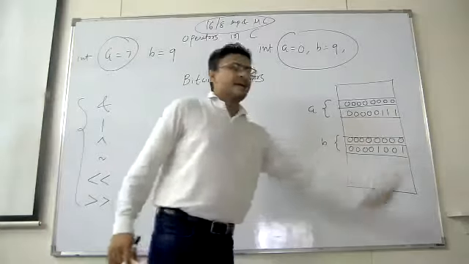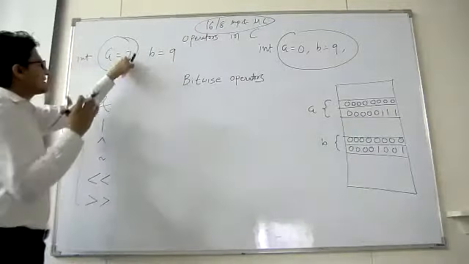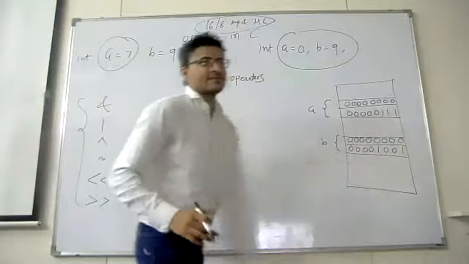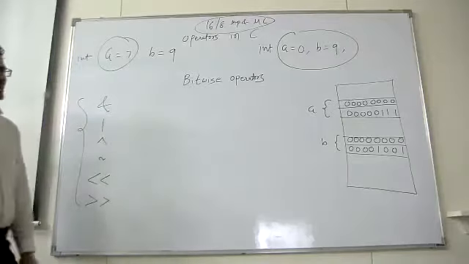So it will store these two data in memory like this: 07 and 09.